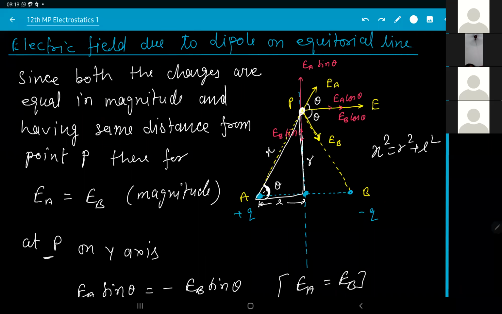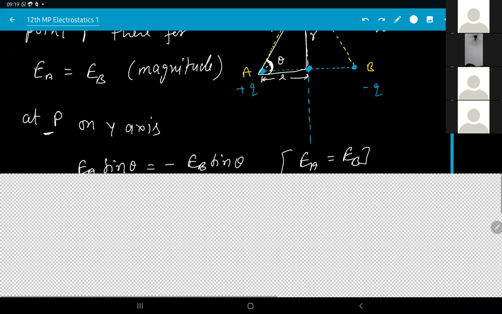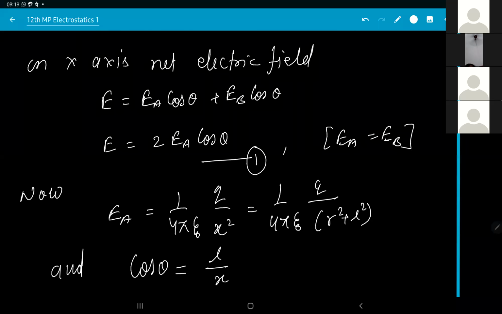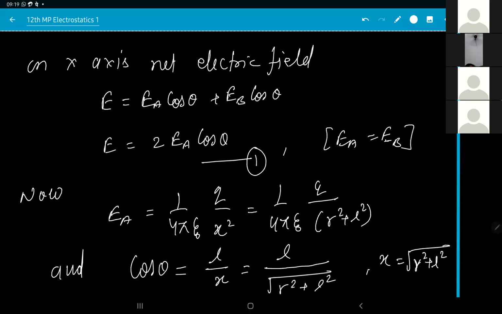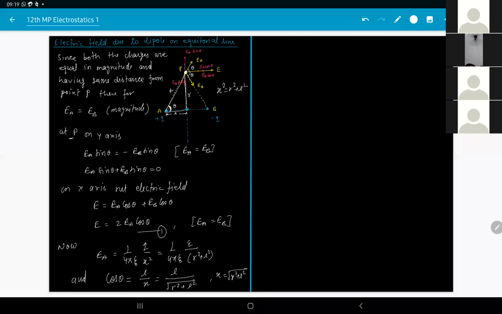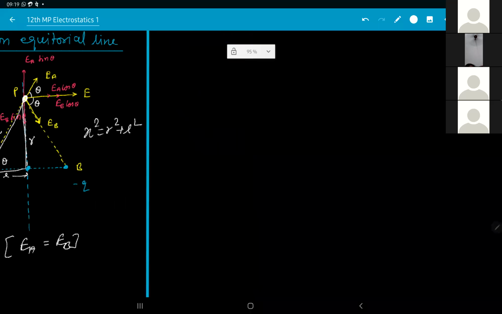It will be L by X. Yes, sir. Okay, no problem. Write it L by root R square plus L square. Clear? Because X is equal to root R square plus L square. Am I clear? Is there any doubt? No, sir. Now put these values in equation number 1.